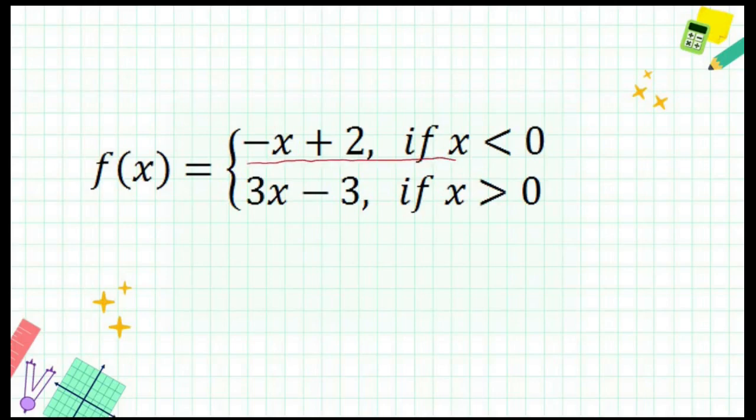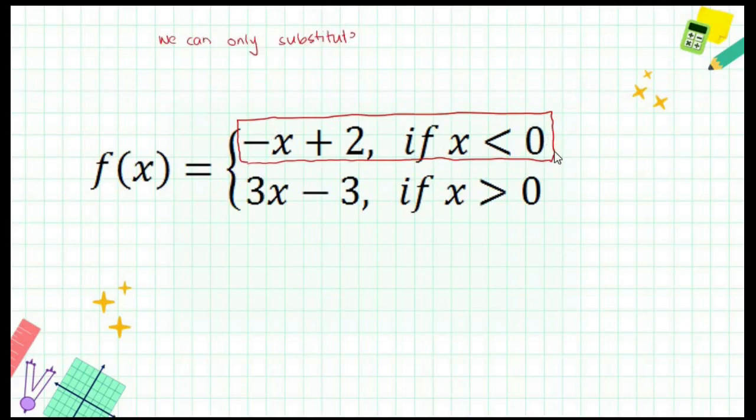So for the first function, negative x plus 2, since the domain here says that x should be less than 0, that simply means that we can only substitute the values of x which are less than 0. Some examples are the negative numbers.